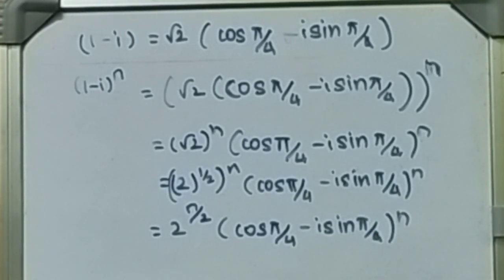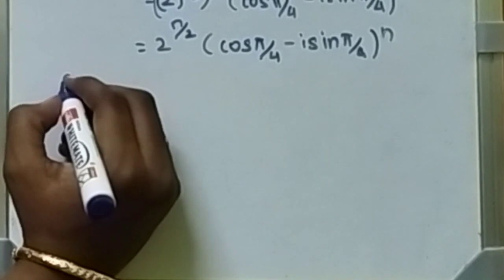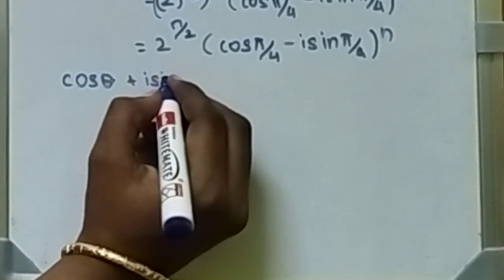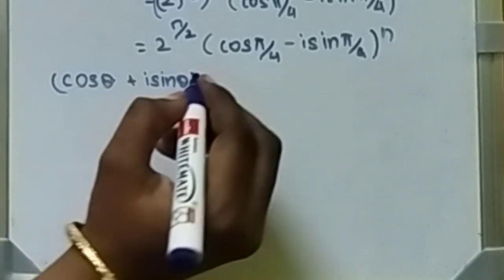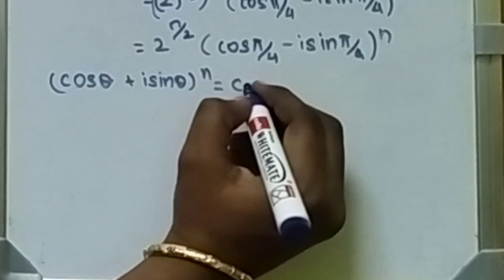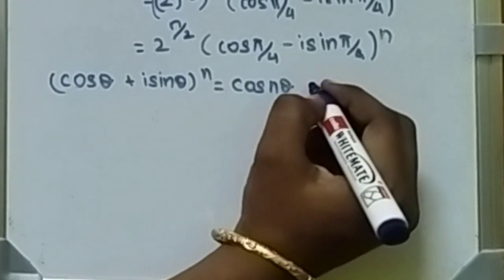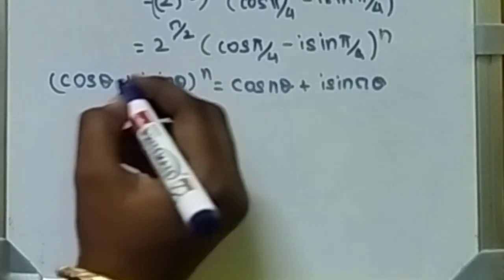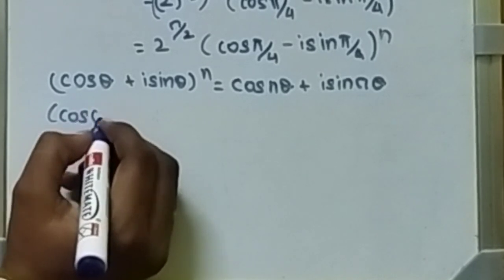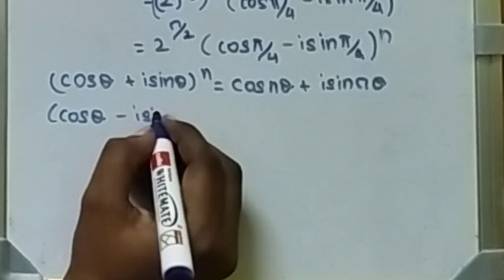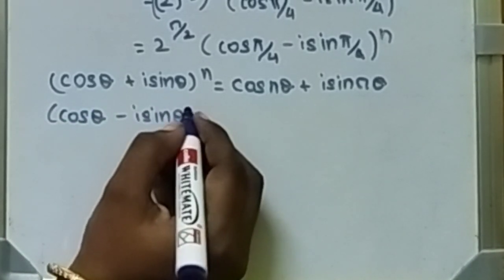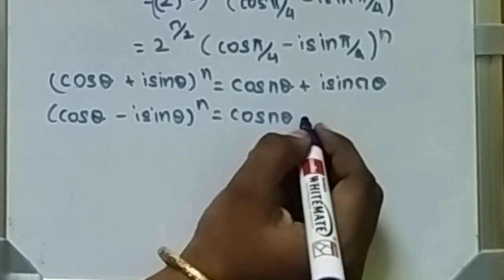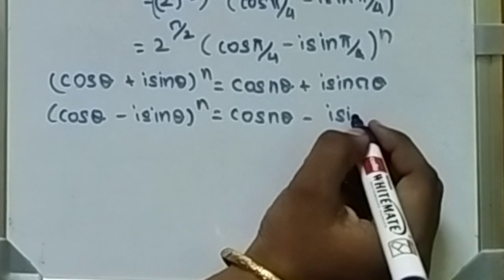Now we are going to apply De Moivre's theorem. What is De Moivre's theorem? Cos theta plus i sin theta power n equals cos n theta plus i sin n theta. Similarly, cos theta minus i sin theta power n equals cos n theta minus i sin n theta.